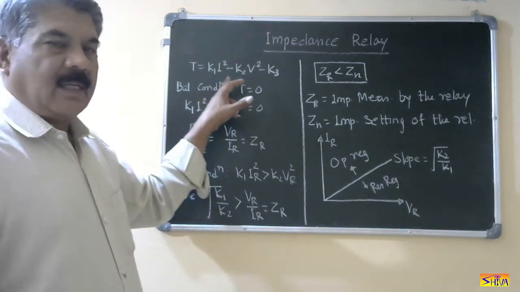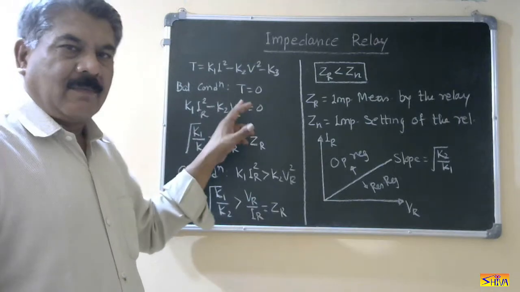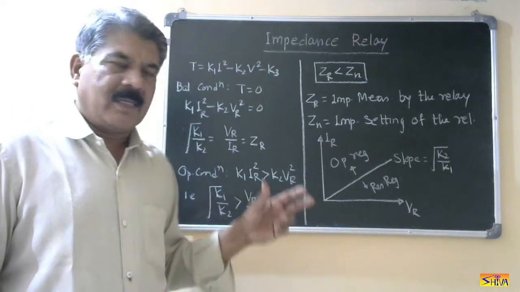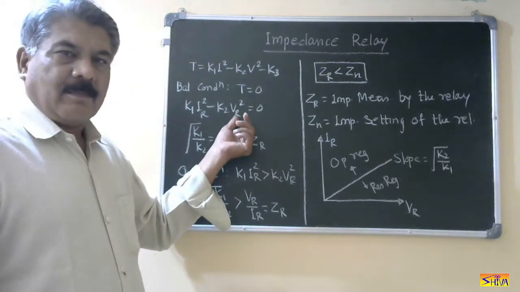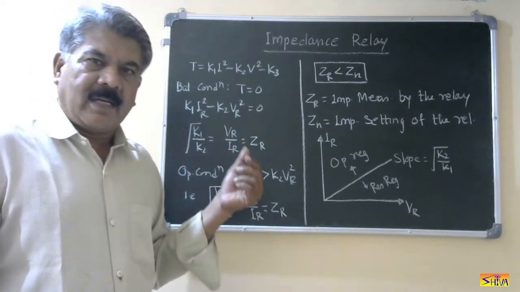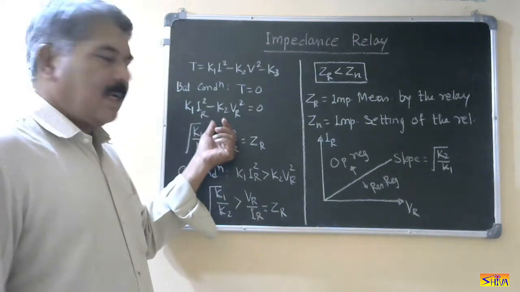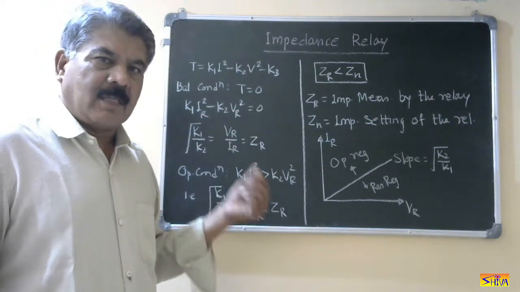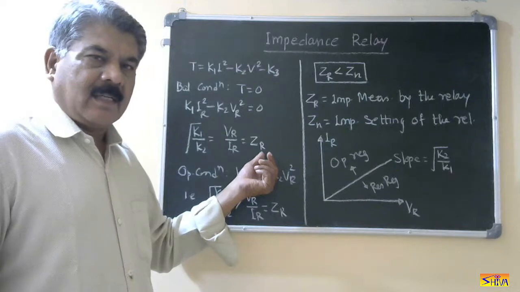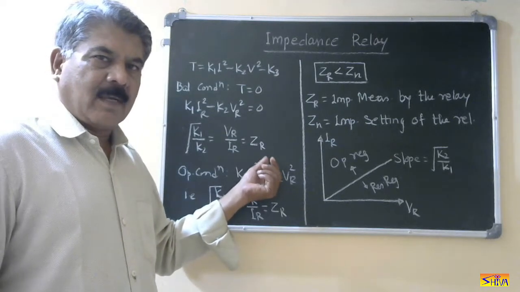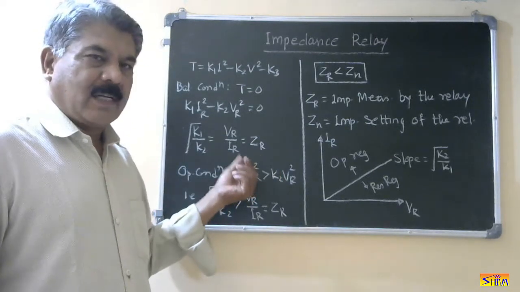Here I am replacing I and V by IR and VR respectively, and that represents voltage measured by the relay. Whenever I write VR, that will be voltage measured by the relay, IR is current measured by the relay, and ZR is obviously impedance measured by the relay. So this is the balance condition.